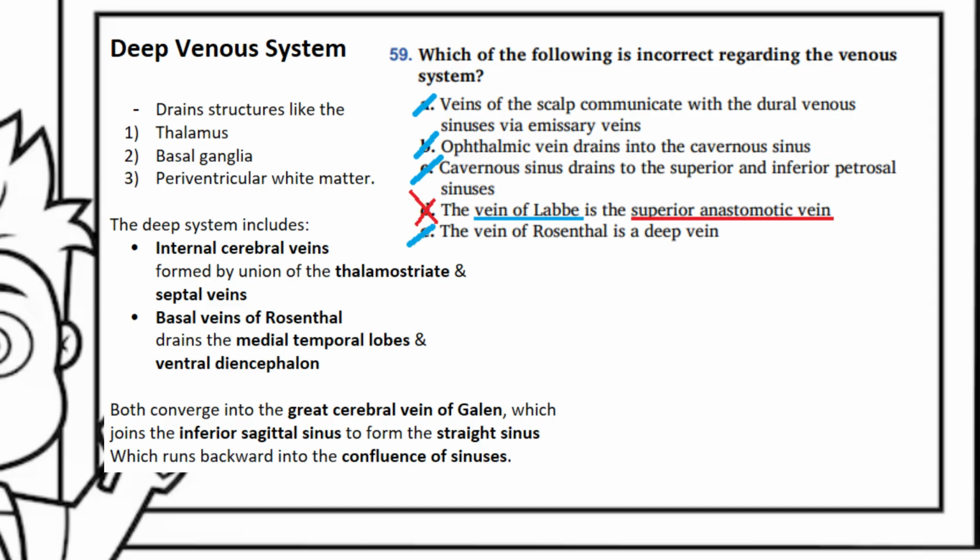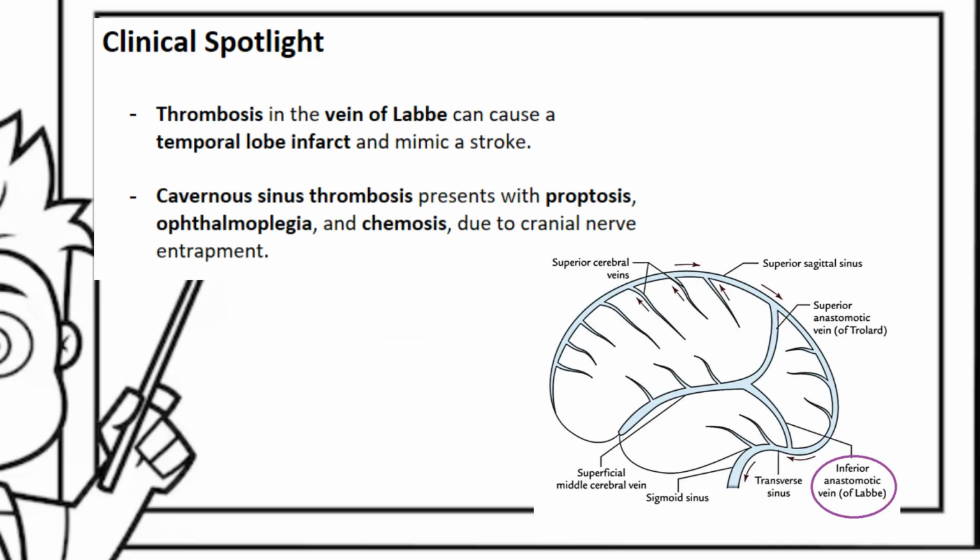That was a mouthful. The question is, why does this really matter? Remember the vein of Labbe? Yes, Labbe, lower, inferior, the inferior anastomotic vein. We said that that vein connects the sylvian vein to the transverse sinus and it's often overlying the temporal lobe.